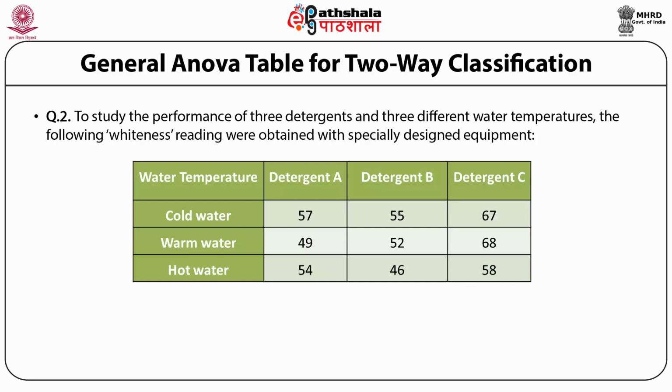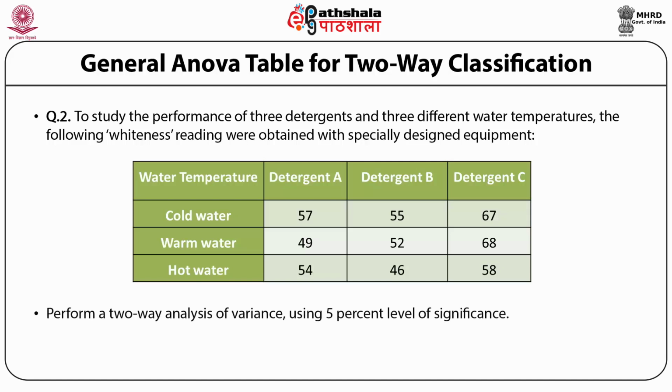and this water temperature is again attribute 2, or variable 2, and water temperature has been categorized into cold, warm and hot water. The readings you are seeing in this table, the 57, 55, 67 and all that, are the whiteness of the cloth which has been washed with different detergents in different temperatures of water.